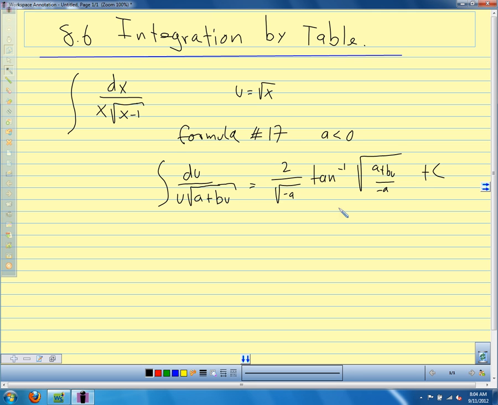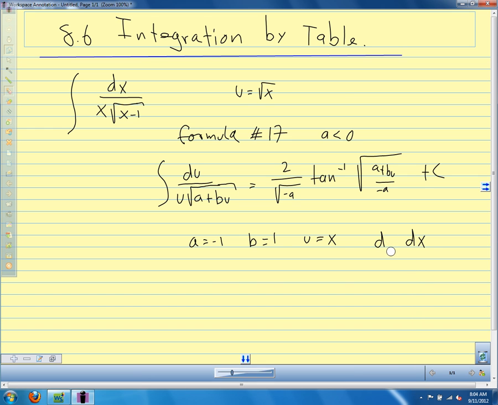But if we didn't want to go through the trig substitution, we can plug our numbers into this formula. In our integral, we have a equals negative 1, b equals 1, and u equals x. We also need to transform our dx: du equals dx. Just like when we do trig sub, we have to take into account our dx.